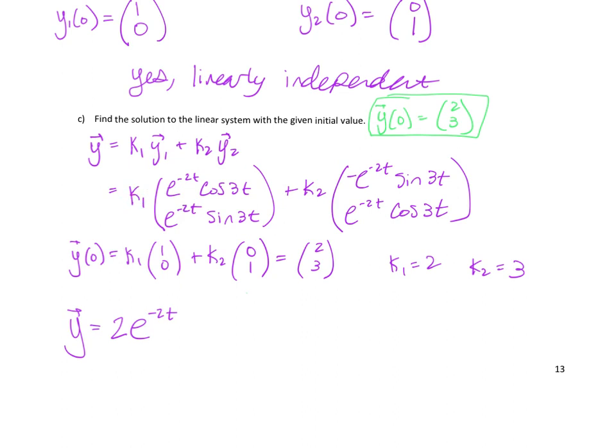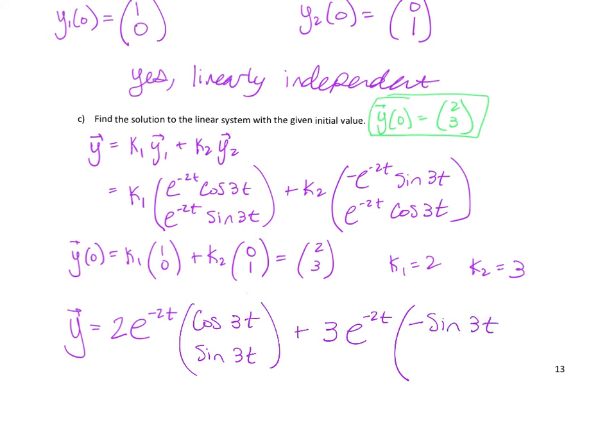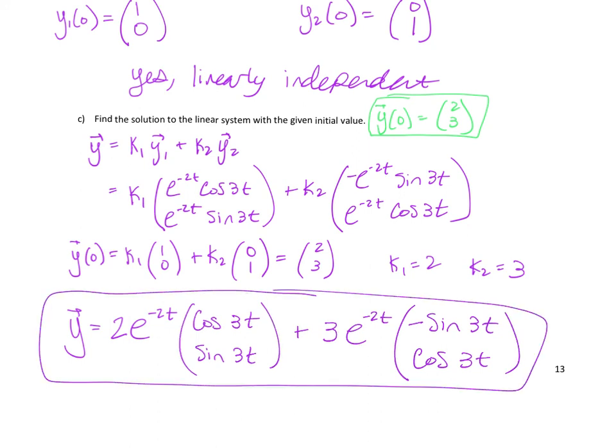And then all we're left with is cosine 3t and sine 3t. And then we have plus k2, which is a 3. And again, I can pull out an e to the negative 2t. And what's left inside is negative sine 3t and cosine 3t. And there's my particular solution.